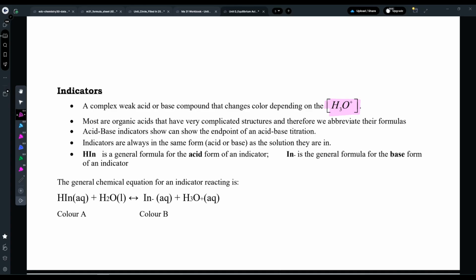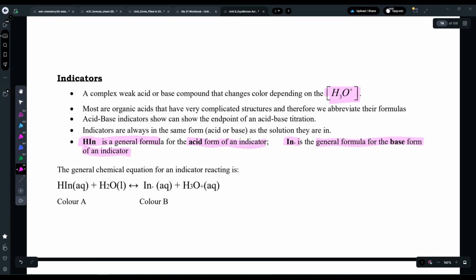They're either acidic or basic as the solution they are in. So we use HIN as a general formula for the acidic form of an indicator, whereas IN 1-, so that's just indicator with a 1- charge, is the general formula for the base form of an indicator.